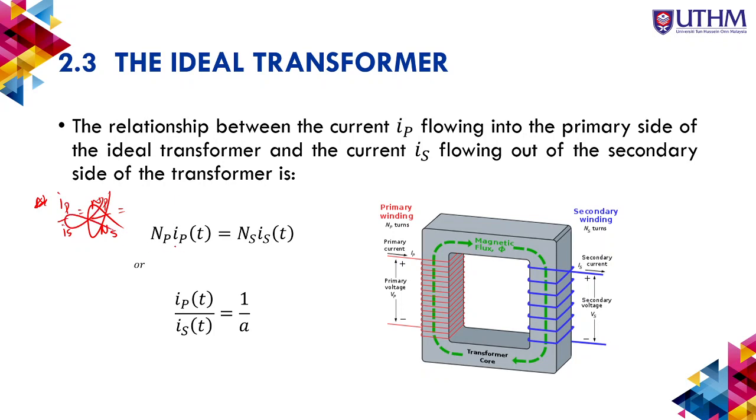N multiplied with I, who can say what this actually is? Flux? No, wrong. It becomes F, the magnetomotive force, MMF.